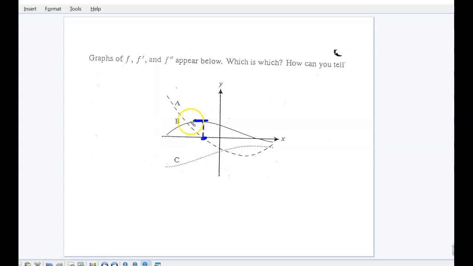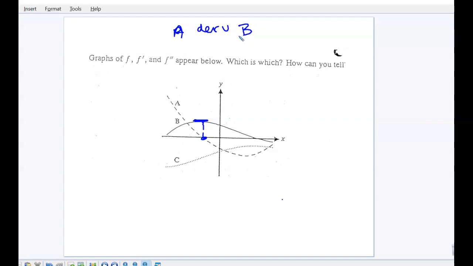B is increasing up until it hits the horizontal tangent, and A is above the x-axis there. Then the graph is decreasing the rest of the way, and the graph of A is below the x-axis. So it looks like A is the derivative of B. Okay, so we know that A is the derivative of B. Again, that doesn't mean it's the function, we just know A is the derivative of B.